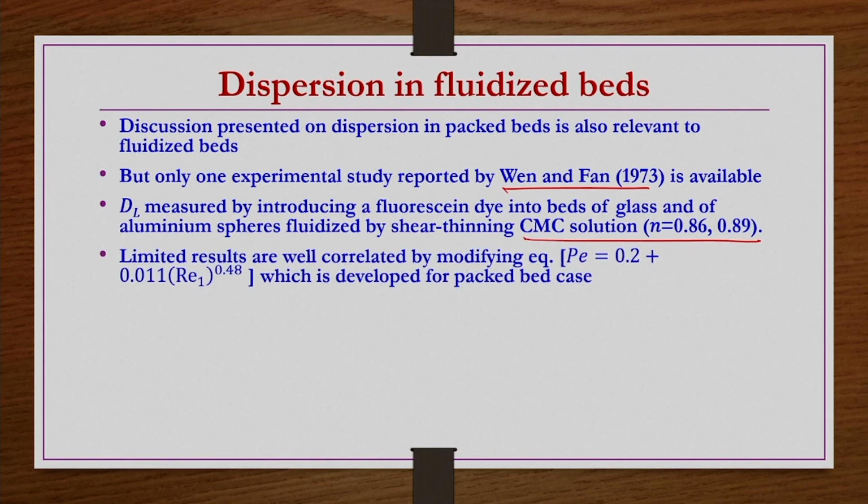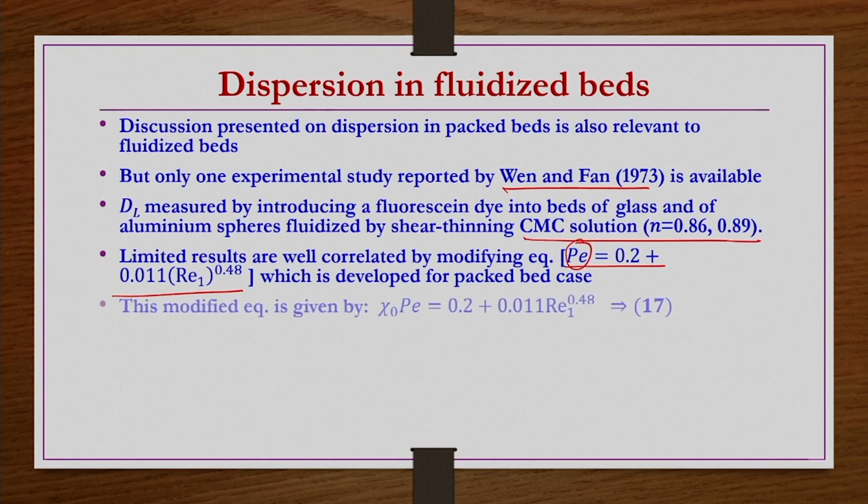And they found that whatever this correlation Pe equals 0.2 plus 0.011 Re1 to the power 0.48 is there, the same equation can be used with a slight modification, where this Peclet number is multiplied by a parameter chi naught, that is, chi naught Pe equals 0.2 plus 0.011 Re1 to the power 0.48. This should be the equation for the dispersion in fluidized beds according to these people.